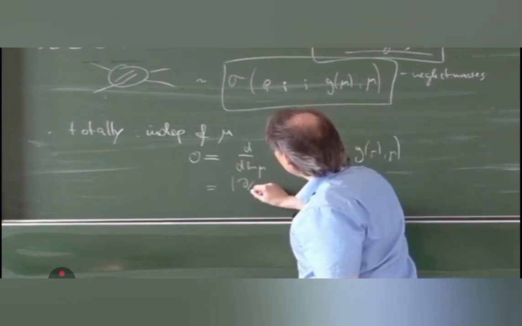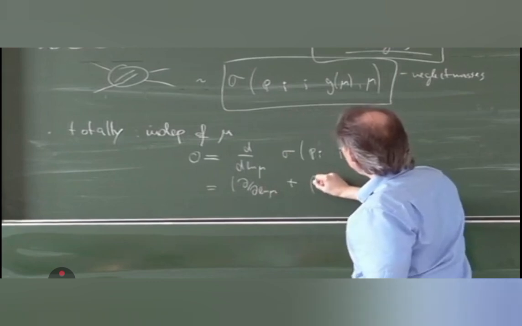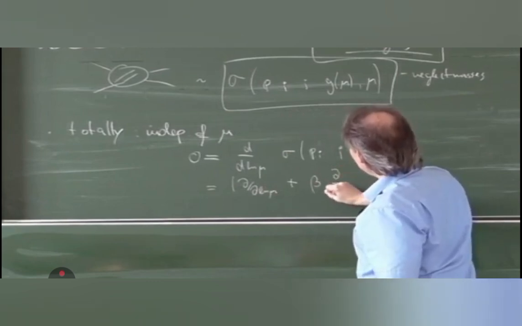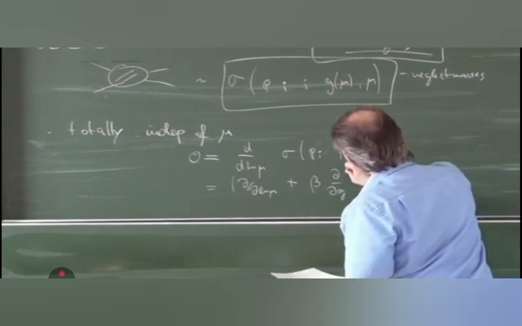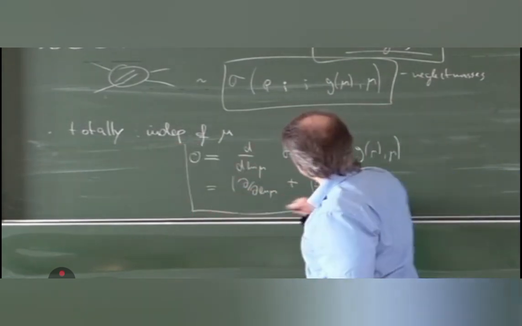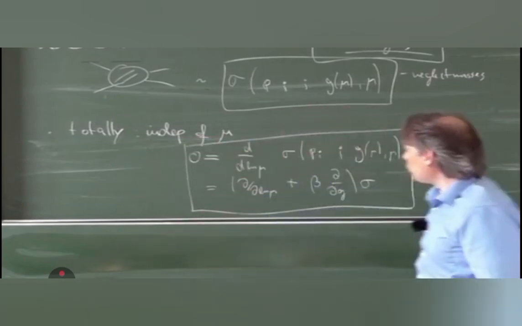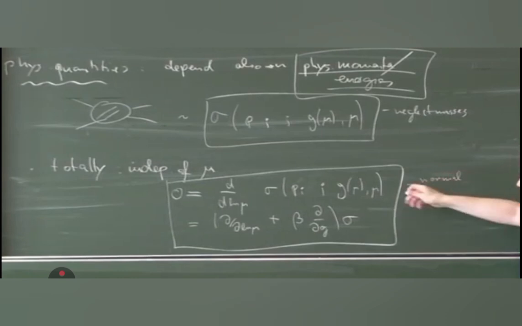Partial derivative d by d ln mu plus the beta function times the partial derivative with respect to the coupling of sigma, that vanishes as well. So here, by the way, the normalization of fields is irrelevant. It always drops out in the calculation of observables.